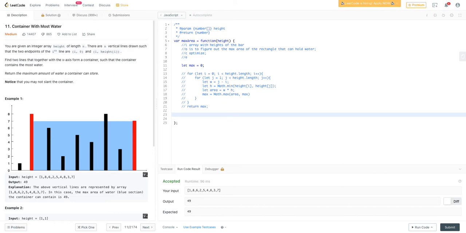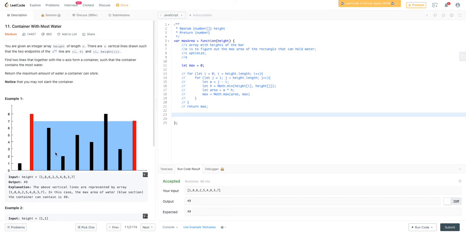What we can do is pick two pointers, right? So we can start with left on the leftmost and the right on the rightmost, and then we can basically move the position of the left and right depending on what height is bigger.